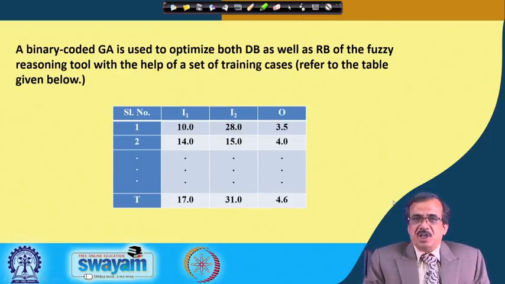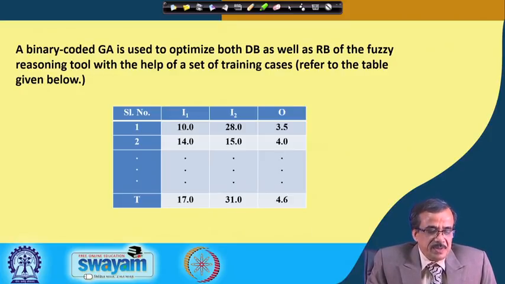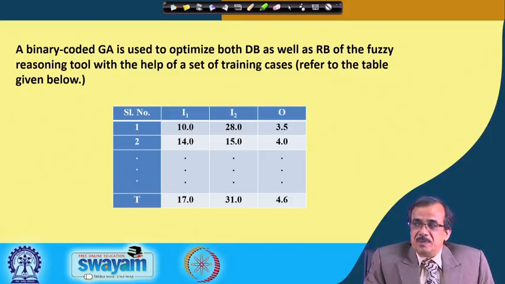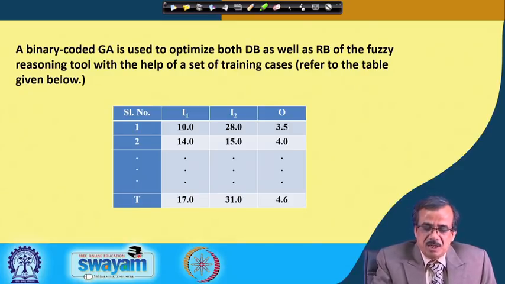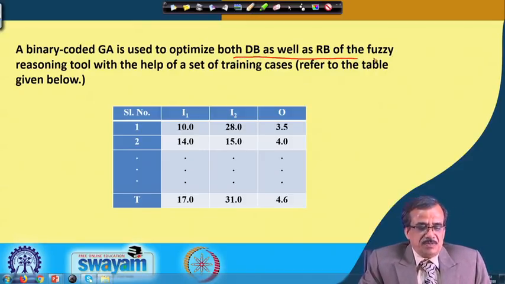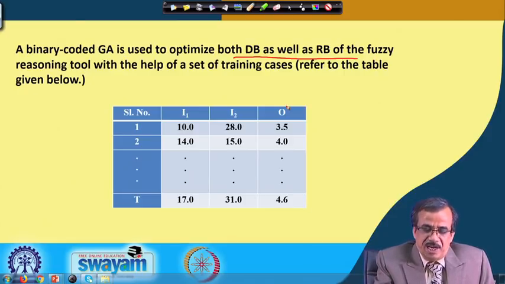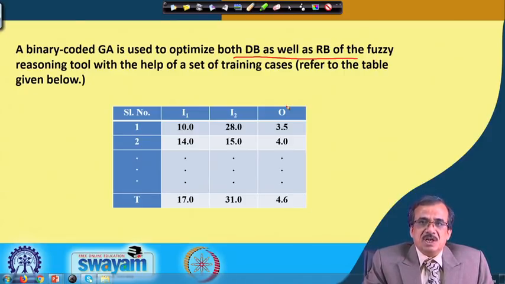Now, I am still continuing with the statement of this particular numerical example. Once again, a binary coded GA will be used to optimize both the database as well as the rule base of this fuzzy reasoning tool, and here we have got the set of training cases. A particular training scenario is nothing but the relationship between the inputs and output.